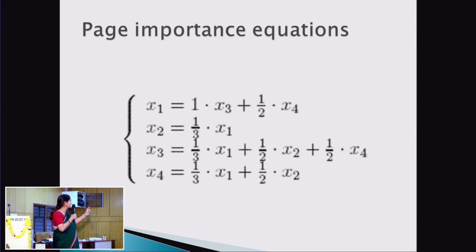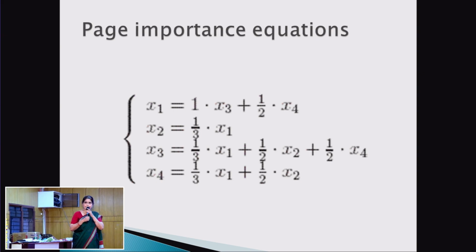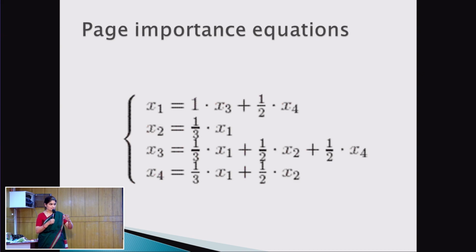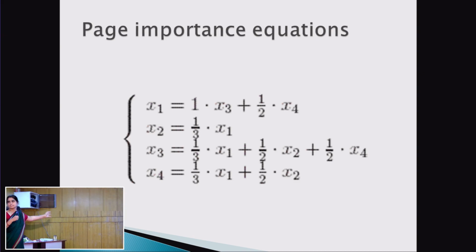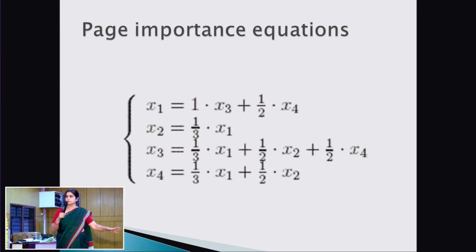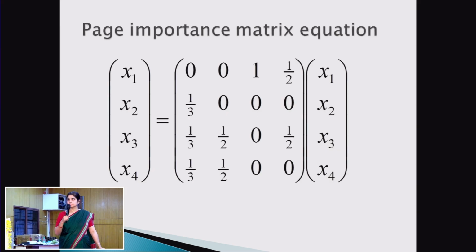Each of x1, x2, x3, x4 is the weight for each page, right? Now, how do you solve this? I'm sure you can solve 4 equations with 4 unknowns. Next. We mathematicians will smartly make it into a matrix equation.